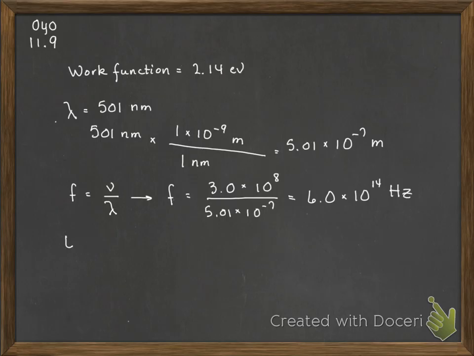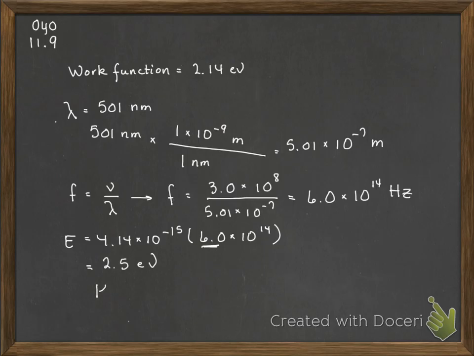Now we can use Einstein's energy equation with the electron volt version of Planck's constant times that frequency that we just solved for, which gives us an energy, to 2 significant digits, of 2.5 electron volts.